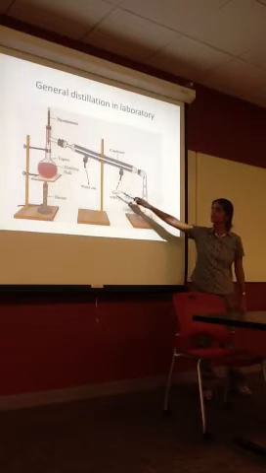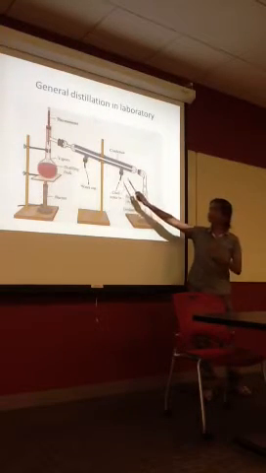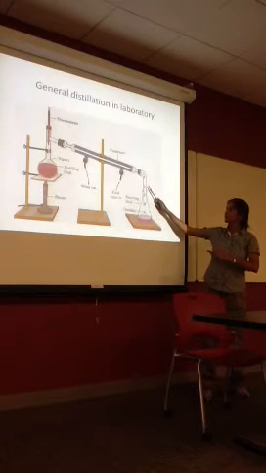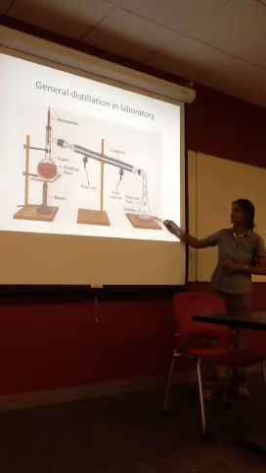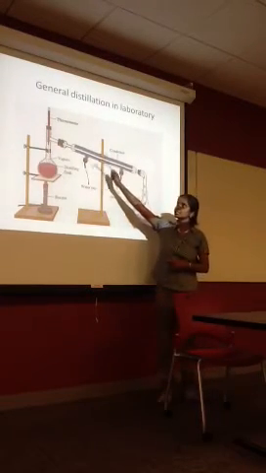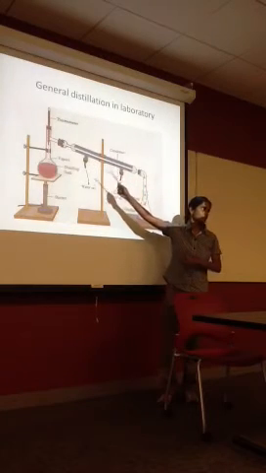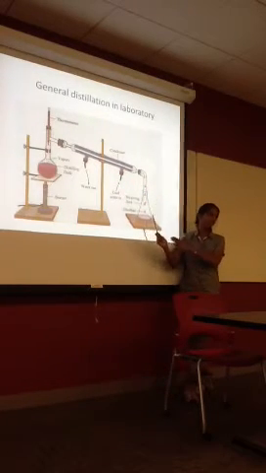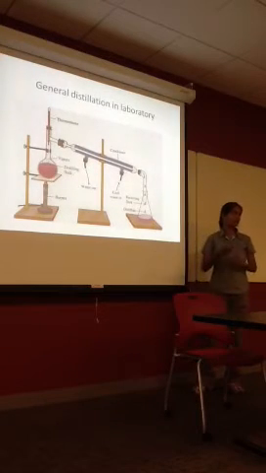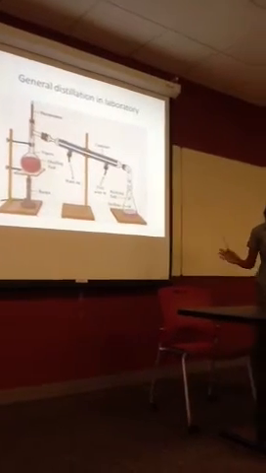It has a water inlet and outlet. Then the vapors come down and become liquid, and the flask collects the solvent. With the thermometer, we can check the temperature for different liquids, we can monitor it. Then we can collect the pure solvent. This is the general distillation process.